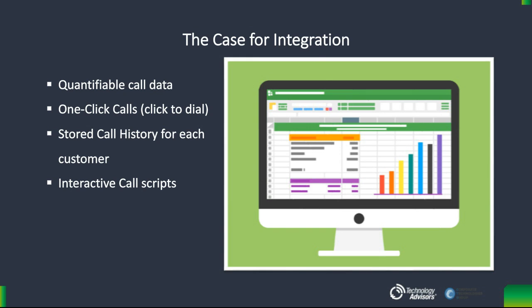One-click calls, those are also called click-to-dial by a lot of telephony vendors. Basically, users can dial any number with one click. So your CRM integration gives your employees the ability to dial, let's say, from a website just by clicking on the number that's on the website. And then the system automatically pulls up a notepad to log the call and file that data once the call is complete.